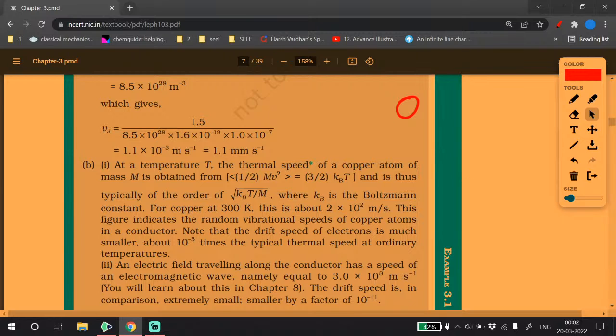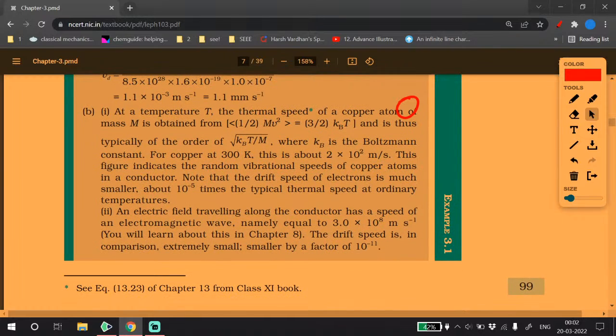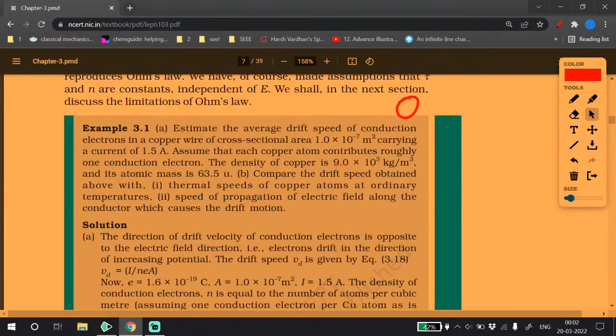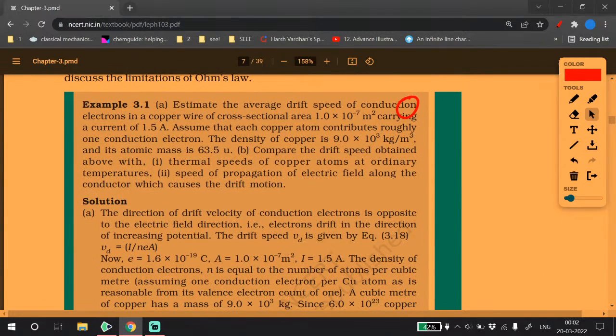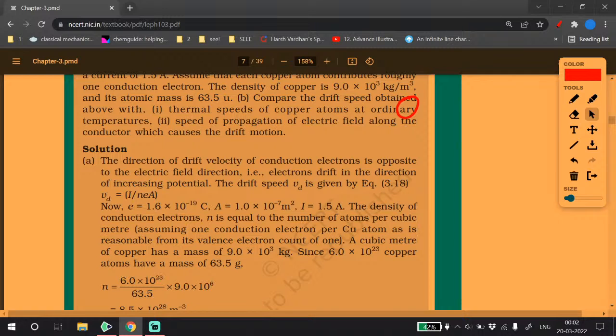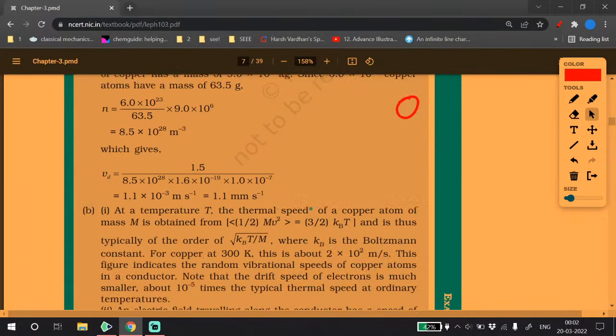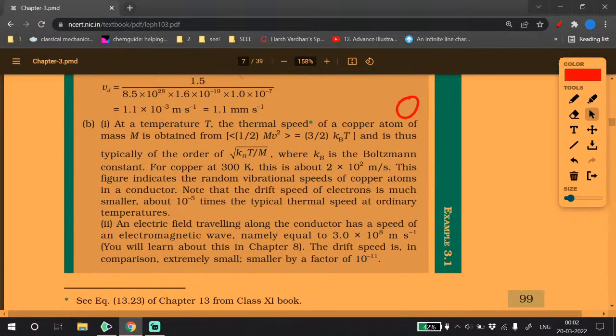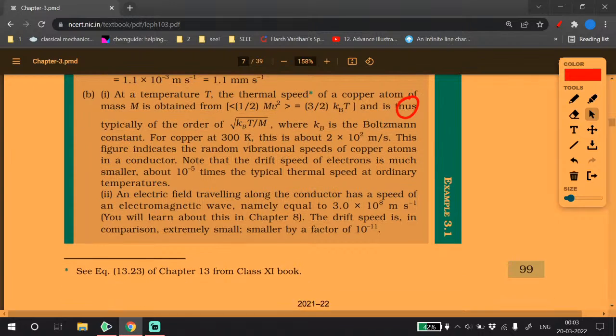Compared to this, the drift velocity is very small, about 10 to the power of minus 5 times, at ordinary temperatures. Even though the electron speed is very slow, there is an enormous number of electrons which can form a current as instantaneously as the electric field is applied.